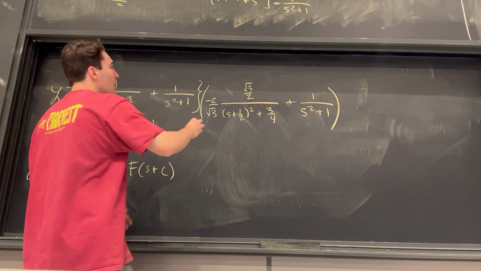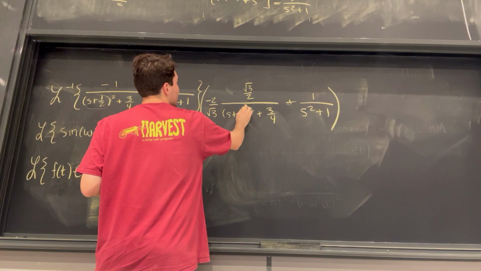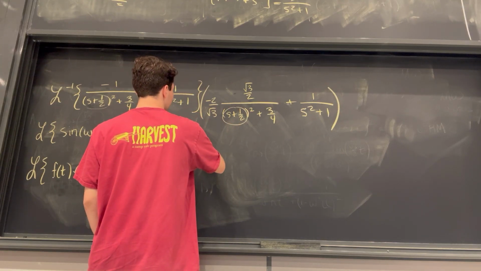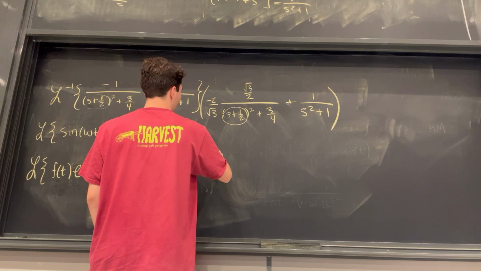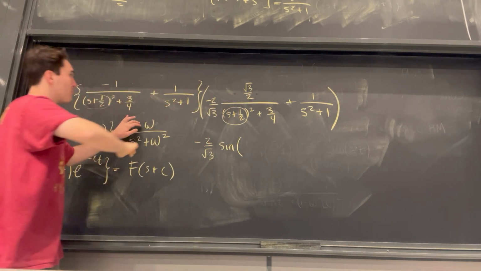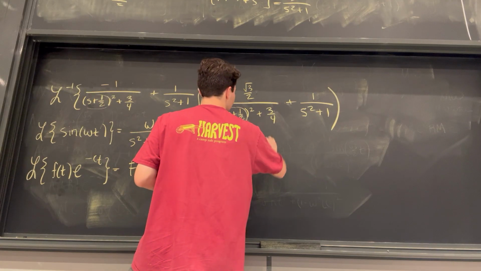So if I just ignore this, what's right here, if I just pretend that this is an s, this is a perfect Laplace transform of sine, where my angular frequency omega is √3 over 2. Perfect. Okay, that's pretty nice.